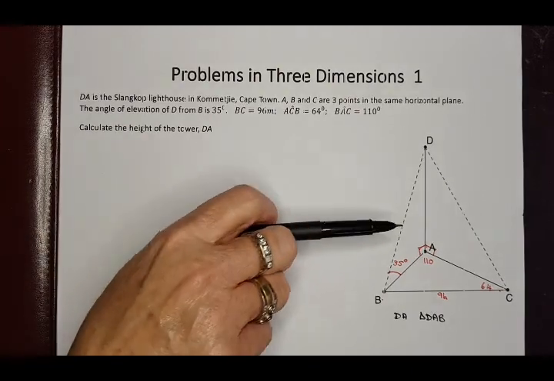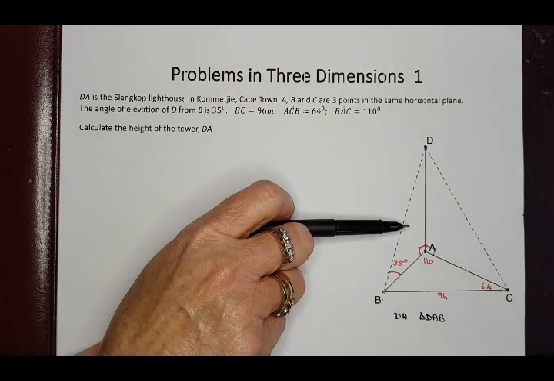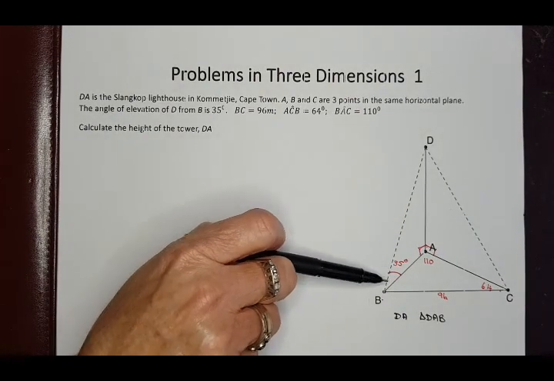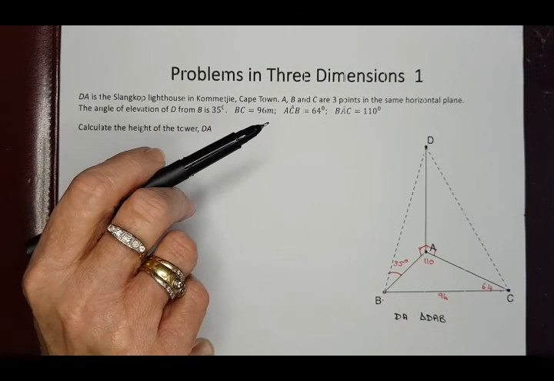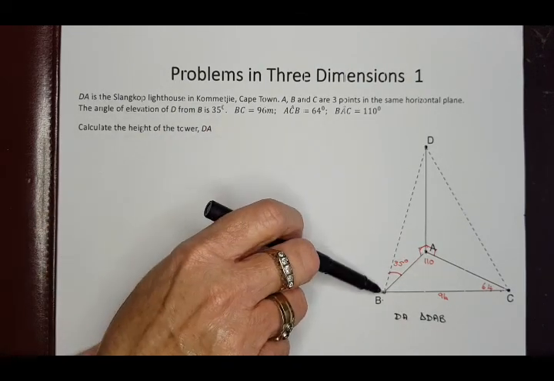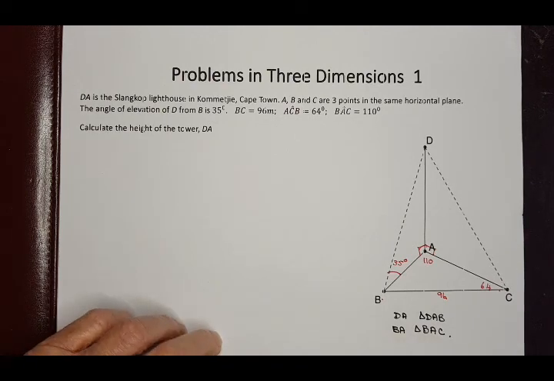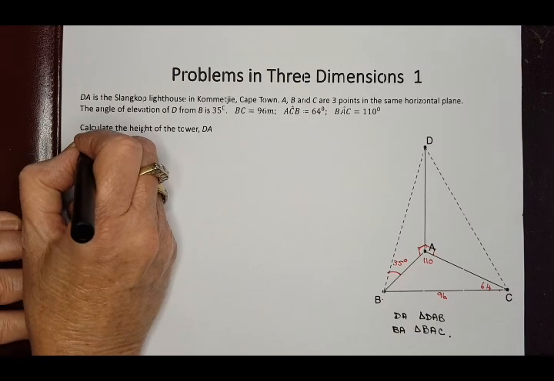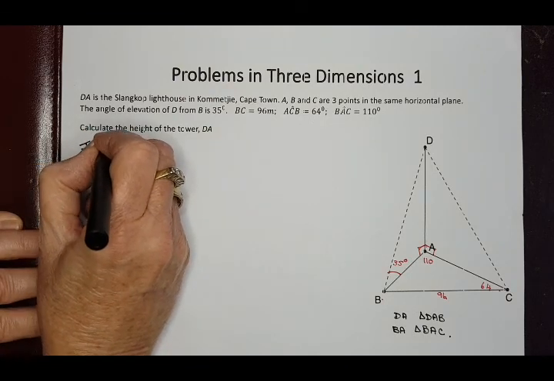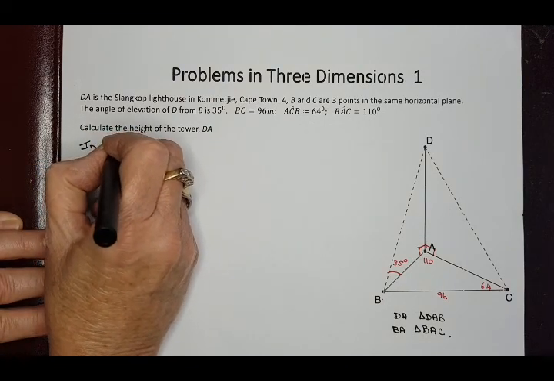Having established that I want to work in this triangle here, what do I have to find? Well, I need a side, and the only side it's possible to find is the length of BA. And to find BA, I'm going to work in triangle BAC. So when we tackle this problem, we're going to start off by working in triangle BAC.